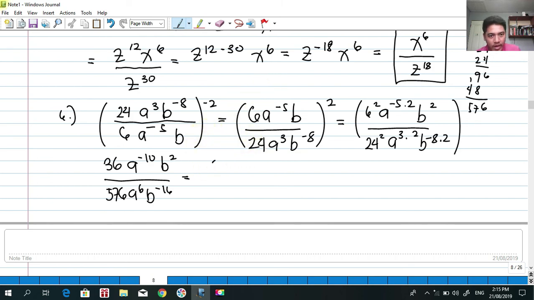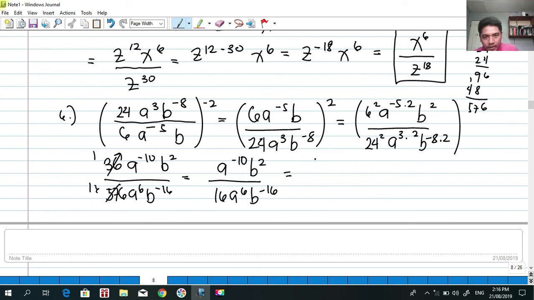So this would cancel: this should be 1 and this should be 16. So we are left with a raised to negative 10 b squared over 16 a raised to 6 b raised to negative 16, and we can eliminate the negative exponent.